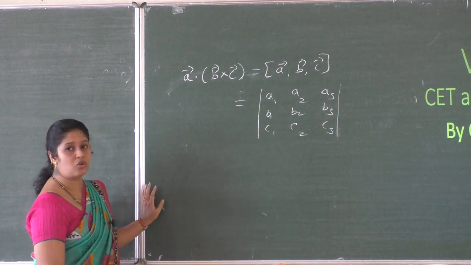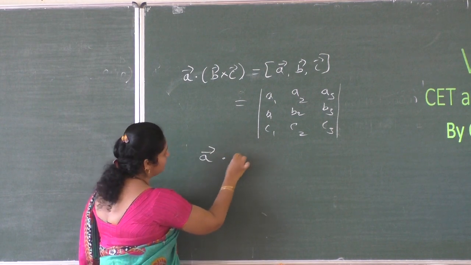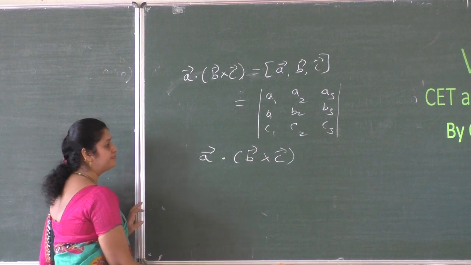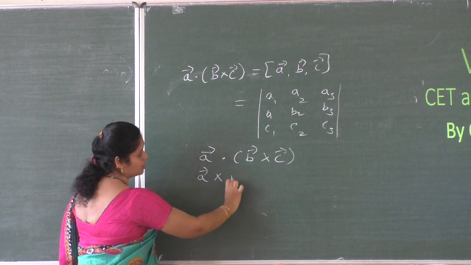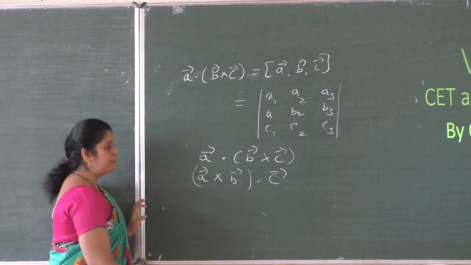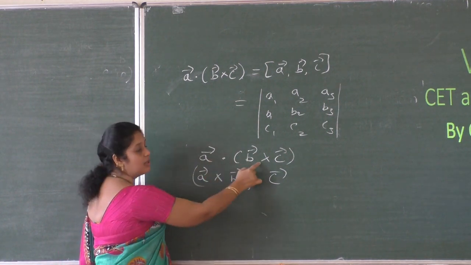And also dot and cross symbols are interchangeable. If I write vector A dot vector B cross vector C, then I can write vector A cross vector B dot vector C, because the dot product is commutative.